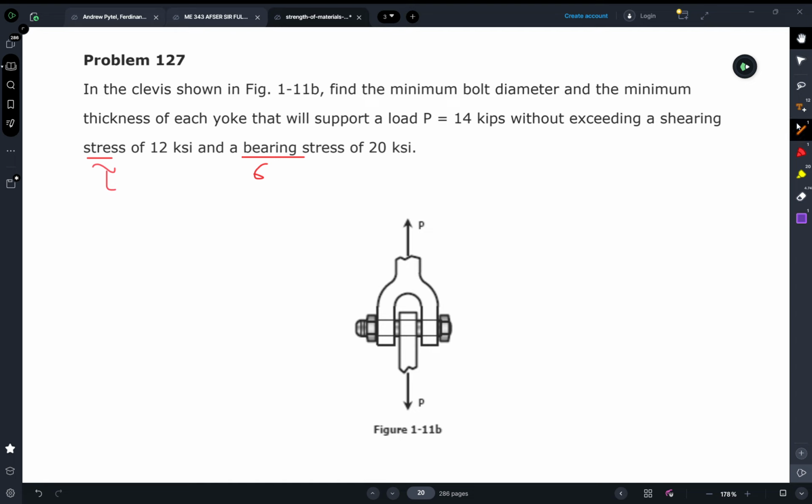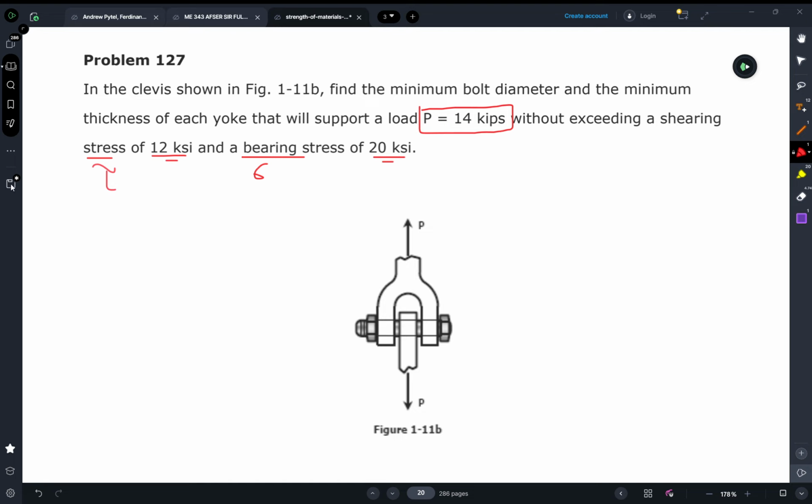Well, we have been given the information that P equals to 14 kips, and the shearing stress will not exceed 12 ksi and the bearing stress will not exceed 20 ksi.